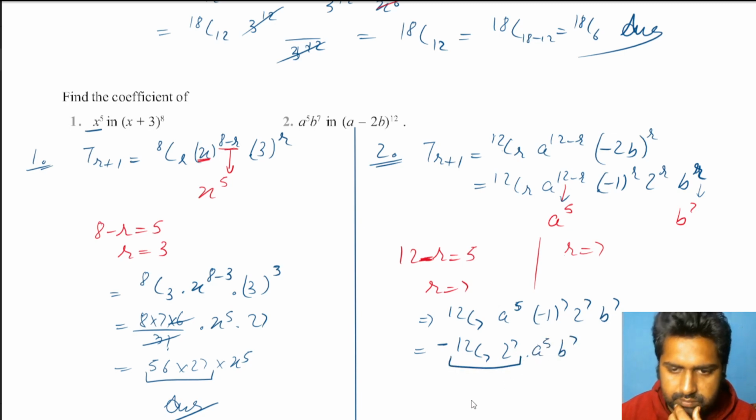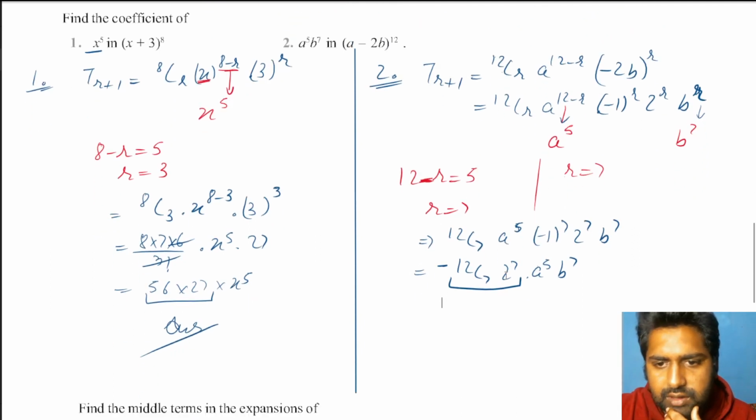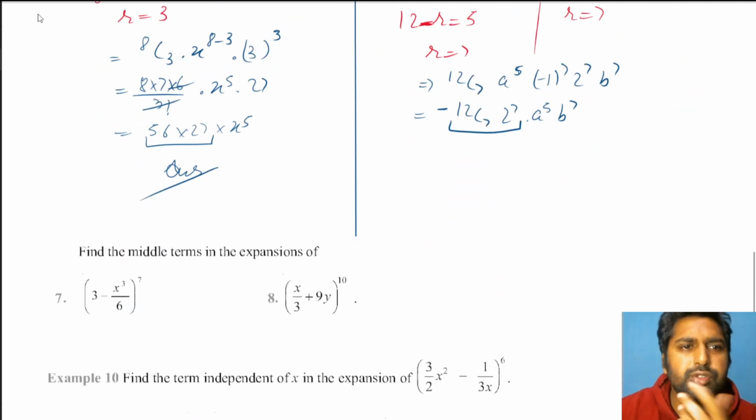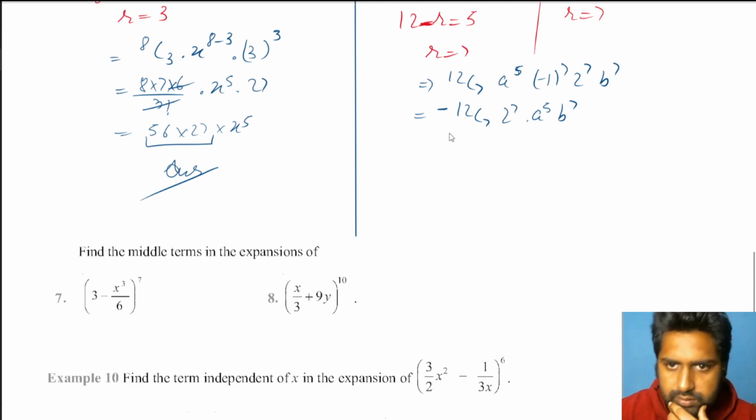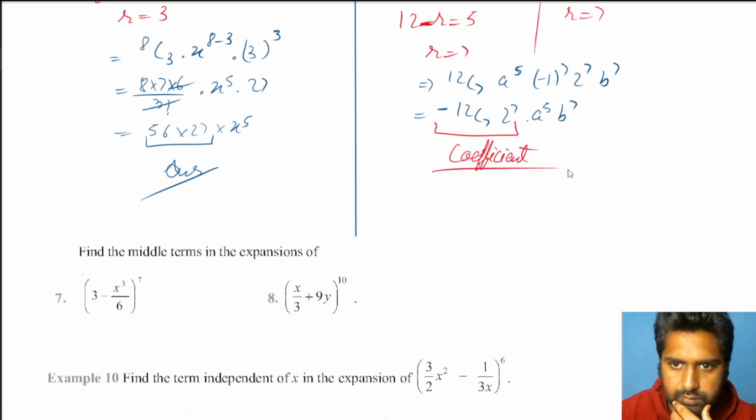Coefficient will be this term minus 12. So suppose you have only one option negative, so you can directly judge then. So this is the coefficient. Okay, 2 raised to power 7, 128. You can then multiply it by 12 C7, calculate that.